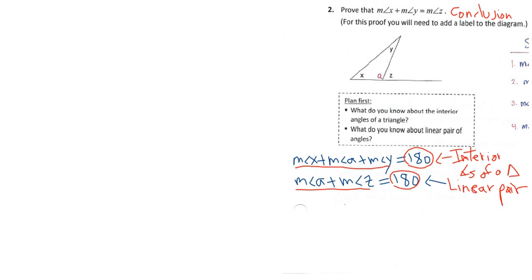So I'm writing this over here. Because they are both equal to 180, we know that the measure of angle X plus measure of angle A plus measure of angle Y is equal to measure of angle A plus measure of angle Z. And that is because we're using the transitive property.